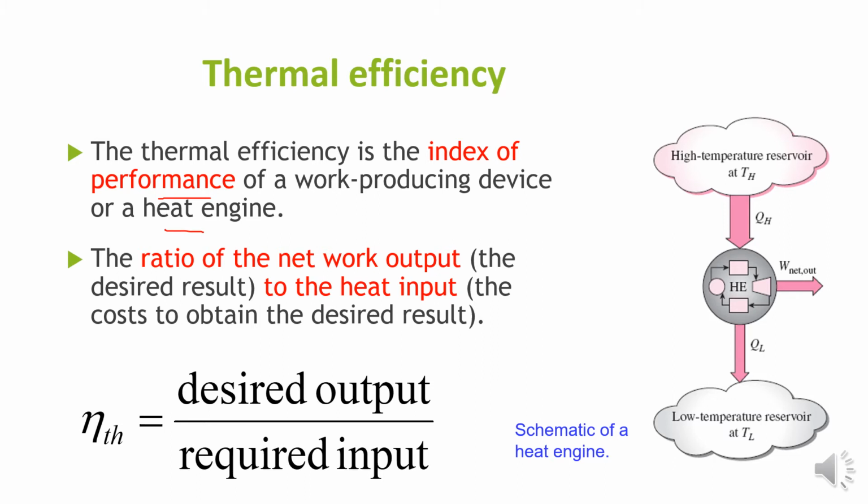So if you want to see the performance of the heat engine, you look at the thermal efficiency, the ratio of net work output, which is the desired result, to the heat input, which is the cost to obtain the desired result. So thermal efficiency is the desired output divided by the required input.